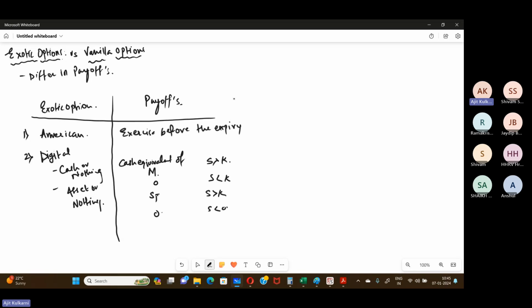Now let me explain the payoff for it. For our normal option, the payoff for a long call option is like this. It is 0 until strike, and it linearly increases. So this is the vanilla option.